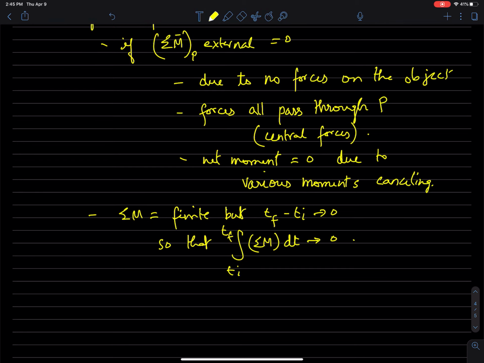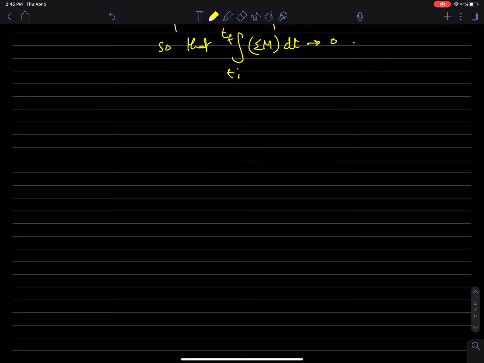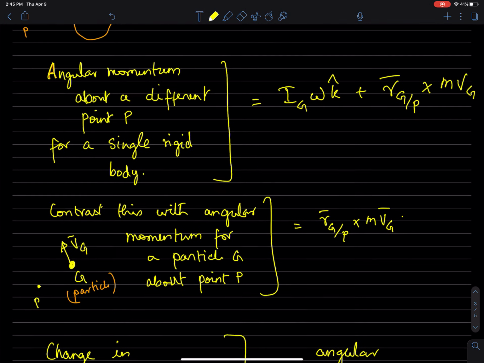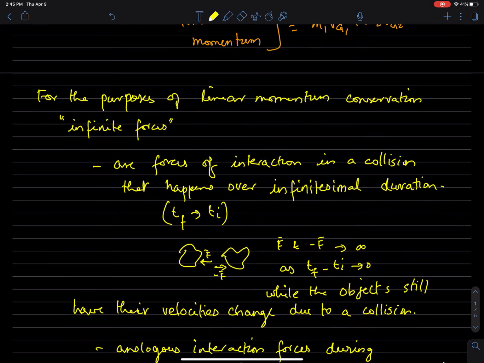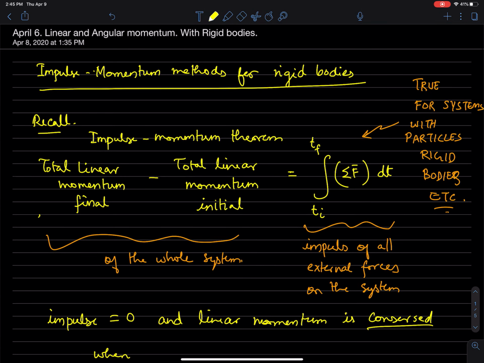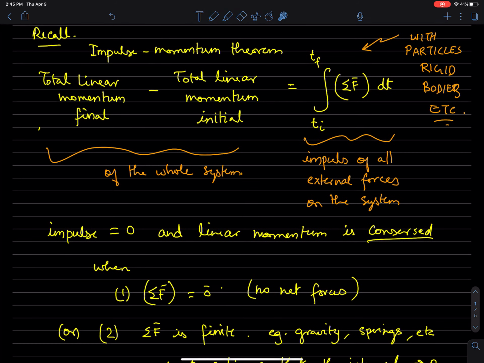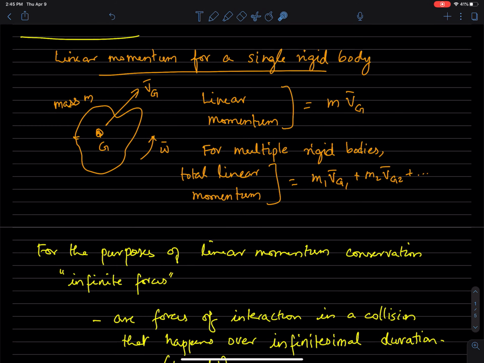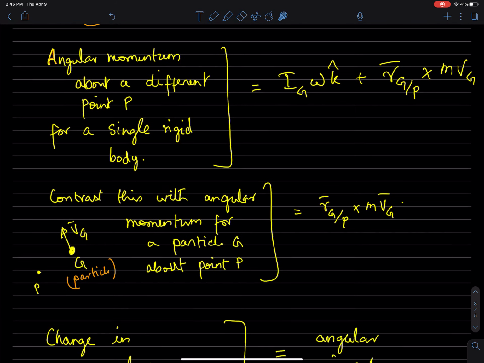Okay, so those are basically our key relationships and theorems and physical laws that we shall use to examine objects, say colliding or undergoing other velocity changes due to the application of forces or application of moments. Okay, so let's see a few examples of that nature.